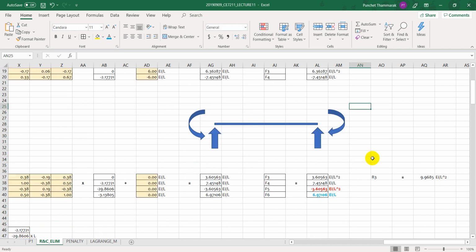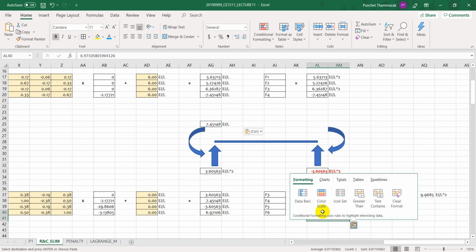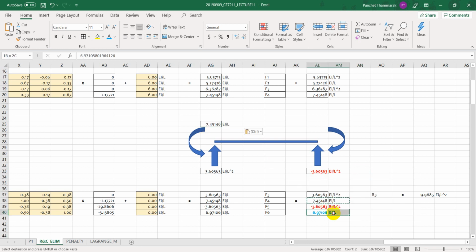All right. So F3, which is this one. F5, this one. Moment, this, and well, another moment. I put it here.